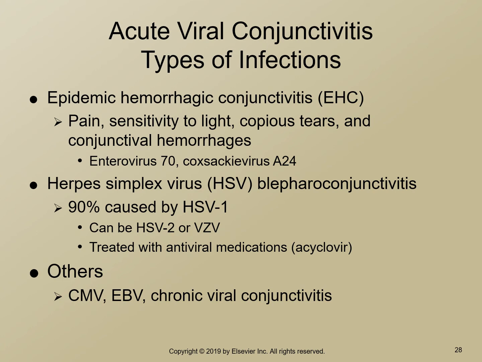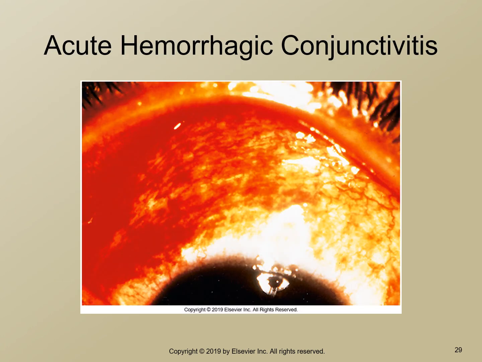Other viruses that have been involved with conjunctivitis include CMV, Epstein-Barr virus, and then patients who have chronic viral conjunctivitis. This picture is an example of acute hemorrhagic conjunctivitis caused by enterovirus 70 or Coxsackie virus A24.